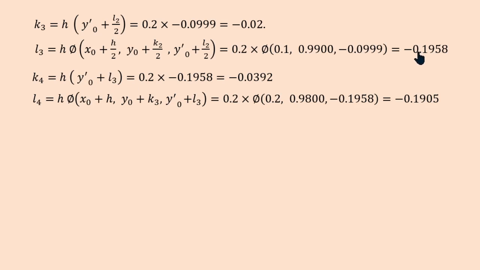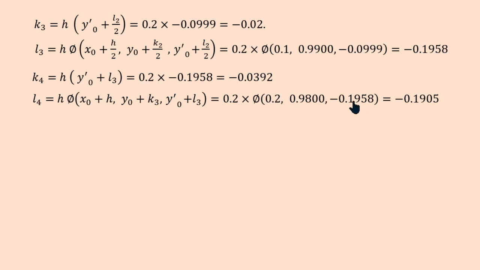So after finding L3, K4 is h into y naught dash plus L3. Y naught dash is 0, so h is 0.2, 0.2 into minus 0.1958, so that is minus 0.0392. Then L4 is h into phi of x naught plus h, y naught plus K3, y naught dash plus L3. Now x naught plus h is 0.2, y naught is 1, 1 plus K3, therefore it is 0.98, K3 is minus 0.02, and then 0 plus L3, L3 is minus 0.1958.